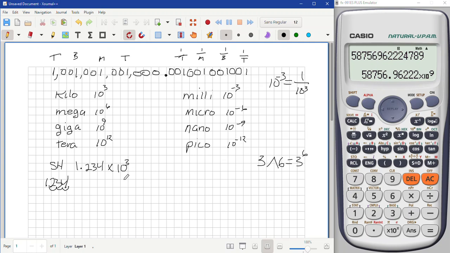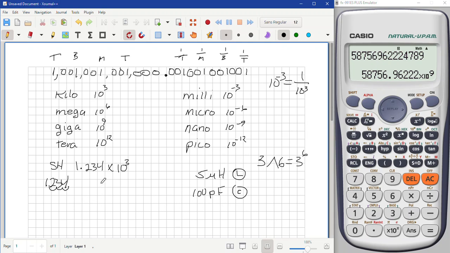All right, let's do a live example. Let's say that I have a 5 microhenry inductor, and I have a 100 picofarad capacitor. So this is the inductor, this is the capacitor.